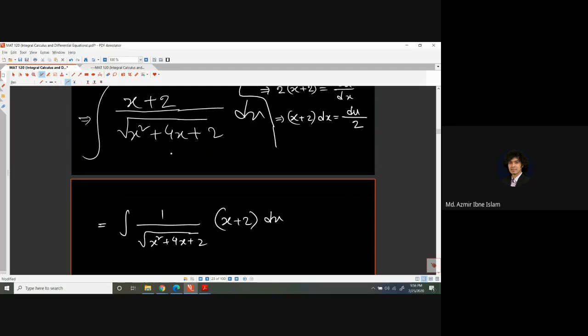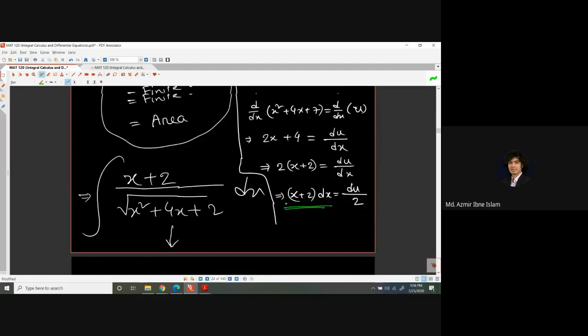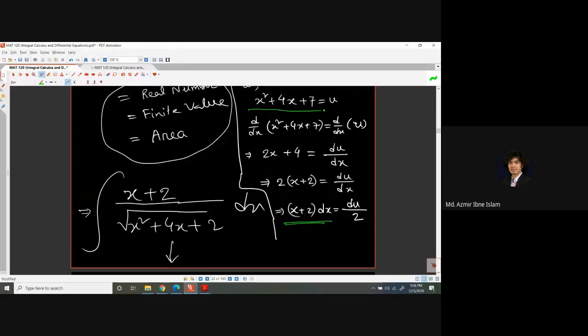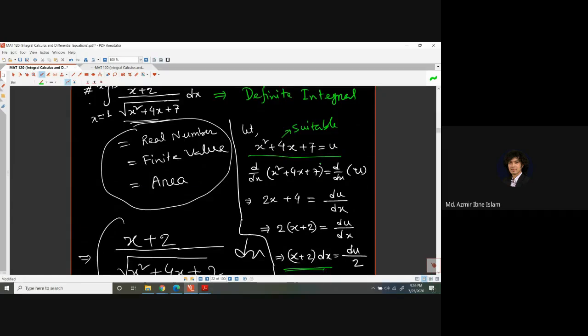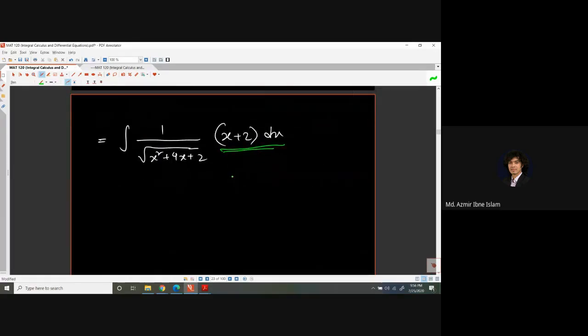We are just rearranging the previous function in this way. Now we can see that here we have x plus 2 dx. So whatever function we have considered here is a suitable function. That means for this the calculation is becoming easy. You will understand here.